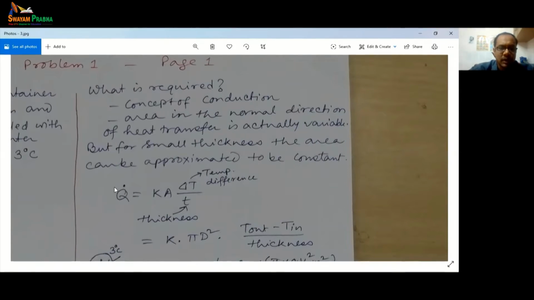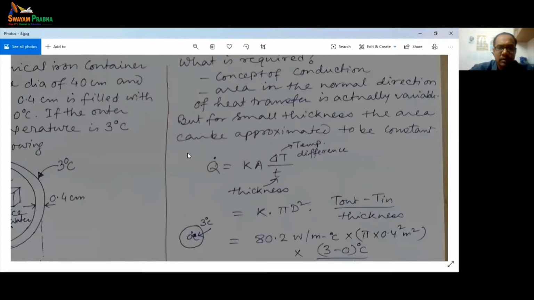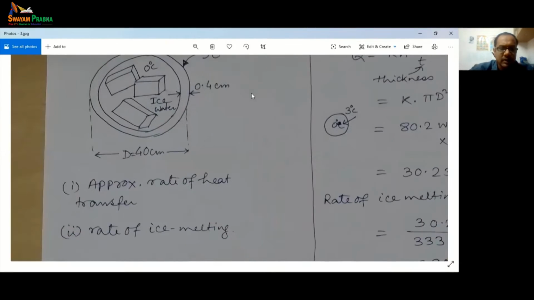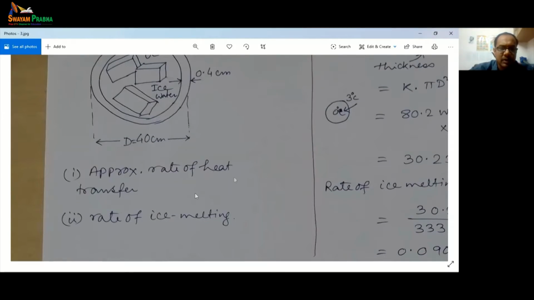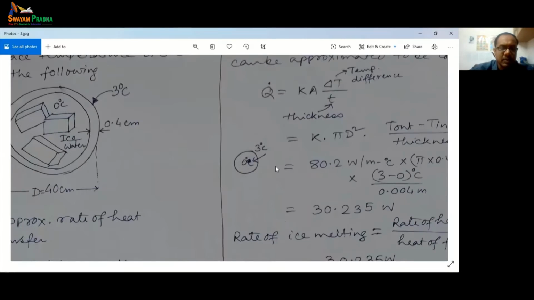So now I come back to the question where it asks for the approximate rate of heat transfer. Why does it ask for approximate? Because with the given information it will be difficult to find out the exact rate of heat transfer.